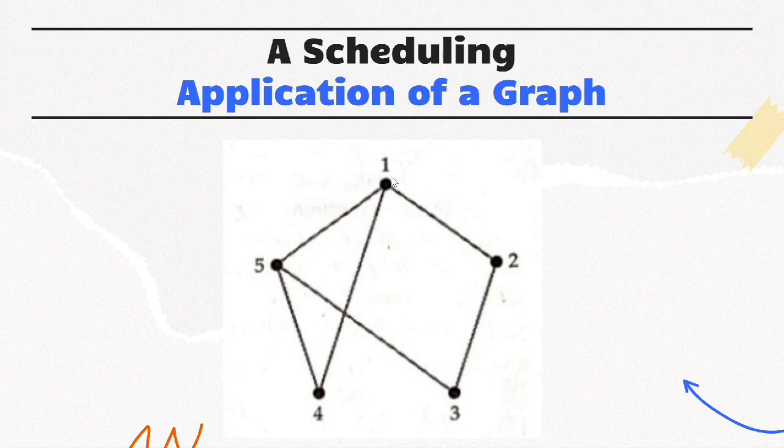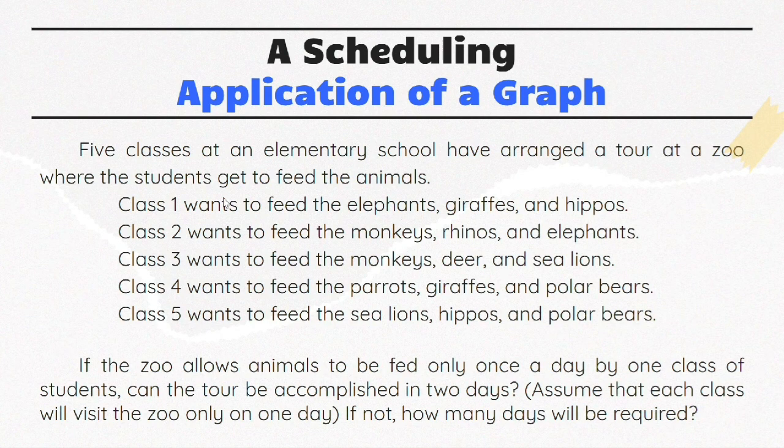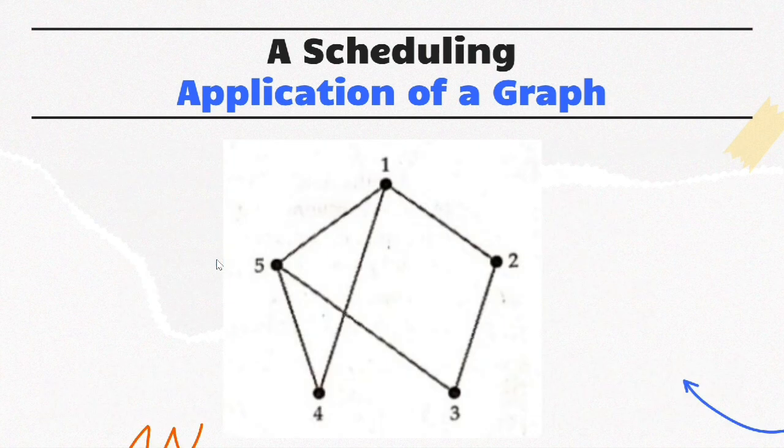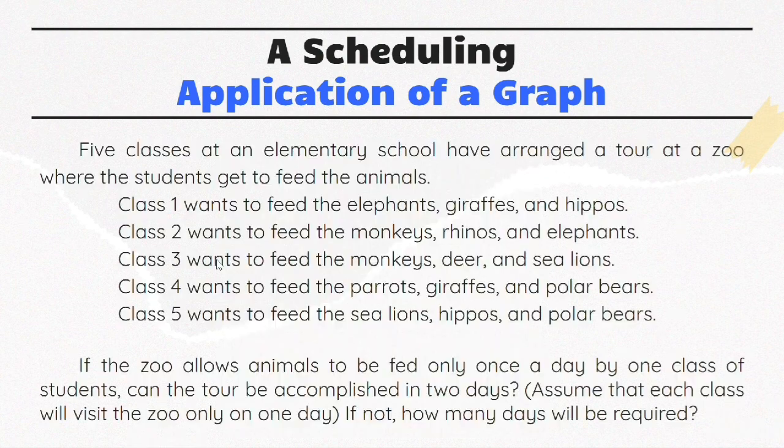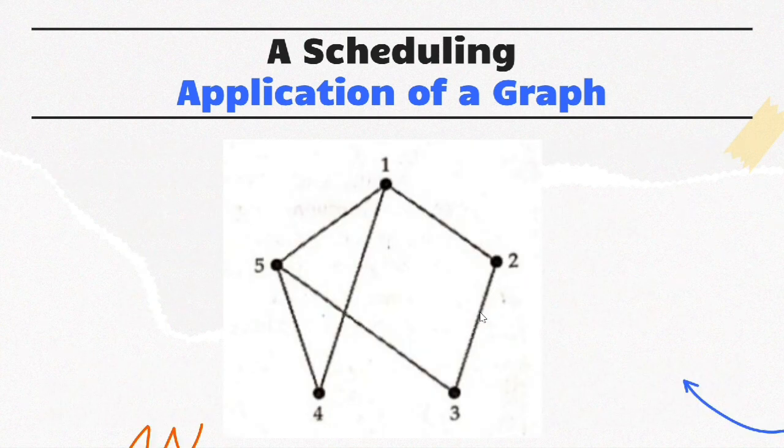So let's take an example for Class 1 and Class 2. Yes, they both want to feed elephants, so they are connected. Class 1 and 5, they want to feed hippos. Okay, so they are also connected.